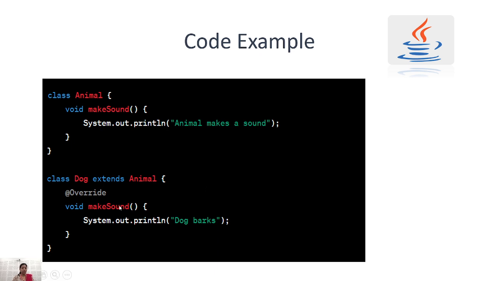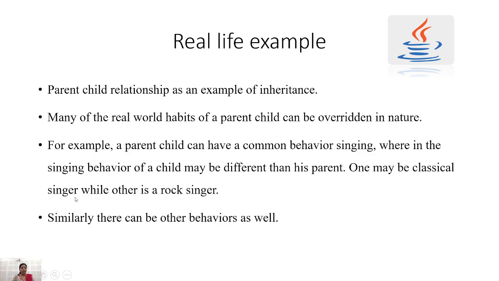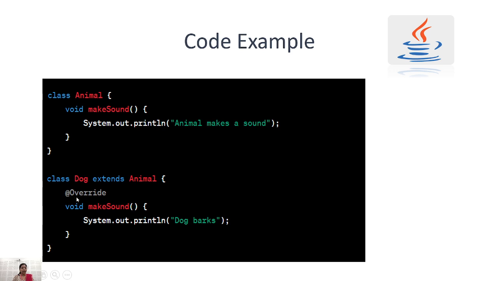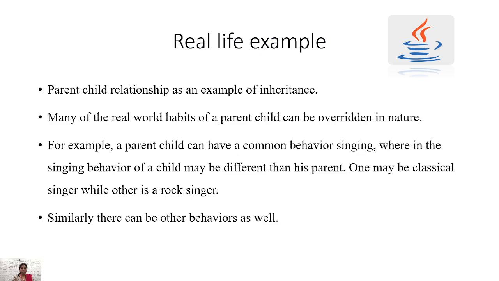How will I make sure that it is an overridden method? I will add @Override, the annotation to show that I am overriding a particular method. In this, I have System.out.println "Dog barks". Okay, so now you have got what method overriding actually is.